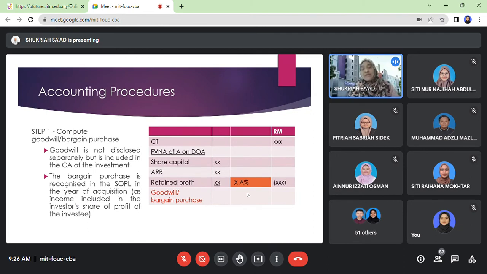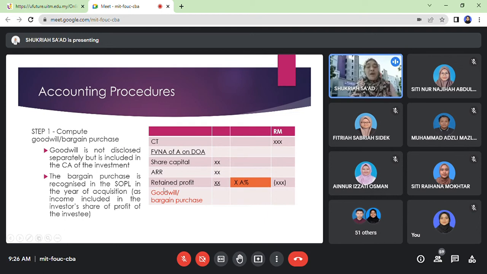It can be 20%, it can be 30%, but it should be less than 50%. Then we get one figure here, then you compare it with the consideration transferred. If you have a positive balance, it means goodwill, otherwise it will be treated as bargain purchase.